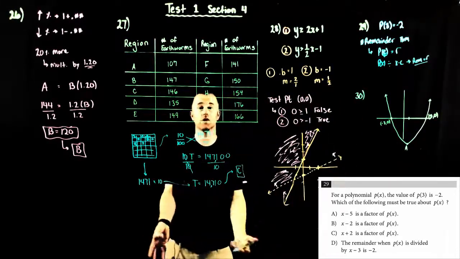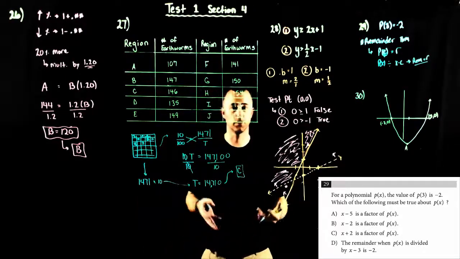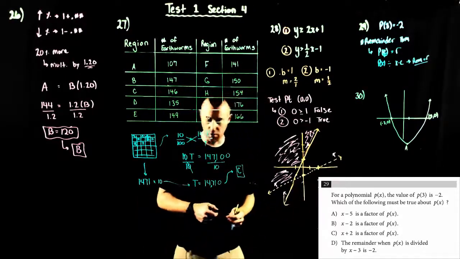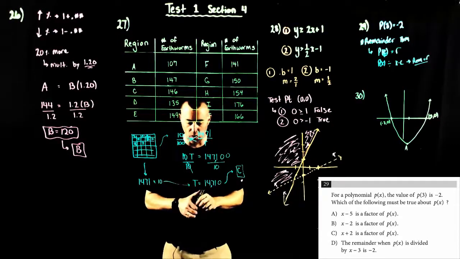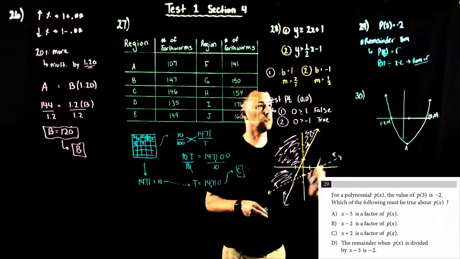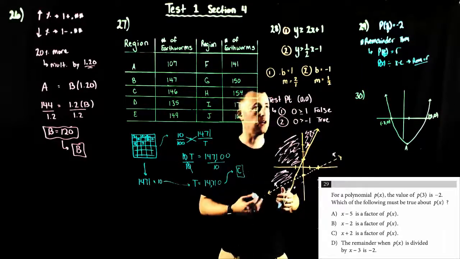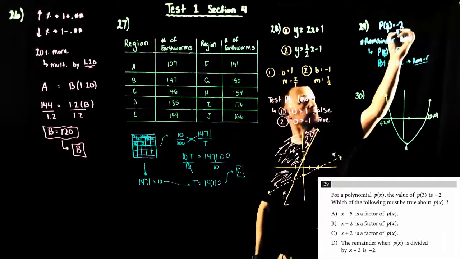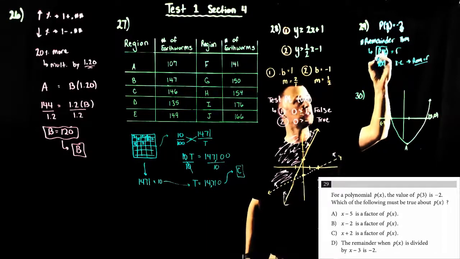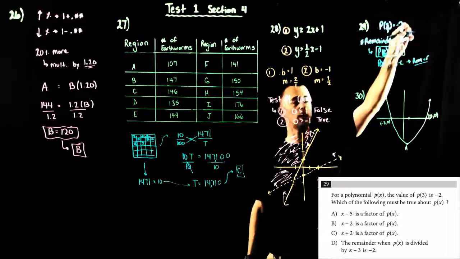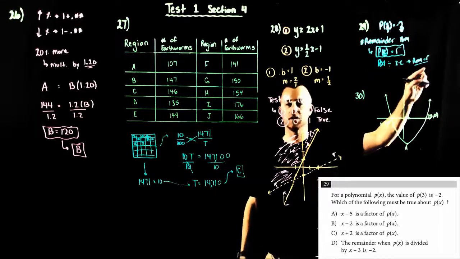And this is pretty much all this question is doing, just seeing if you know this theorem, because they're telling you the remainder when P of x is divided by x minus 3, notice that's my c value, is going to be negative 2. That's what I have here. They basically gave me this in the question, and they're giving me this as an answer.